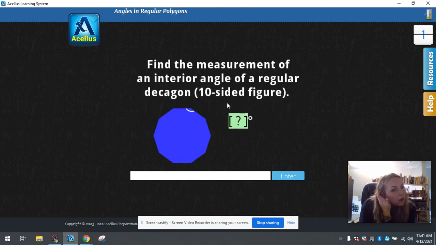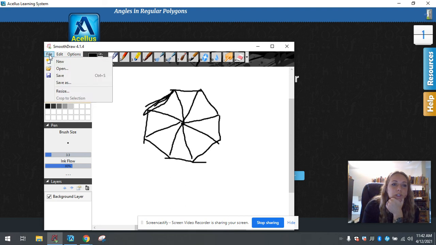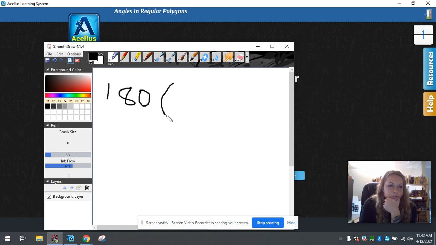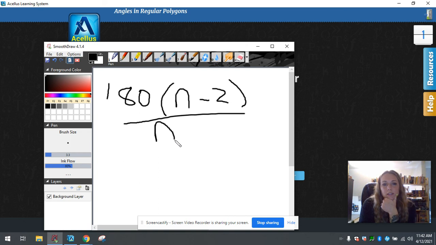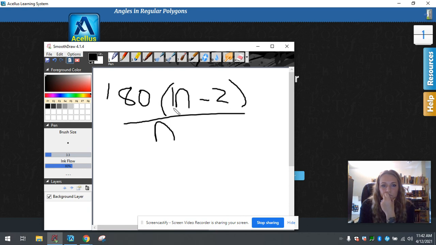Find the measurement of an interior angle of a regular decagon, which is a 10-sided figure. To find the measure of an interior angle, here's the formula again: 180 times n minus 2, divided by n. In this case, n, our number of sides, is 10. So I replace n with 10.